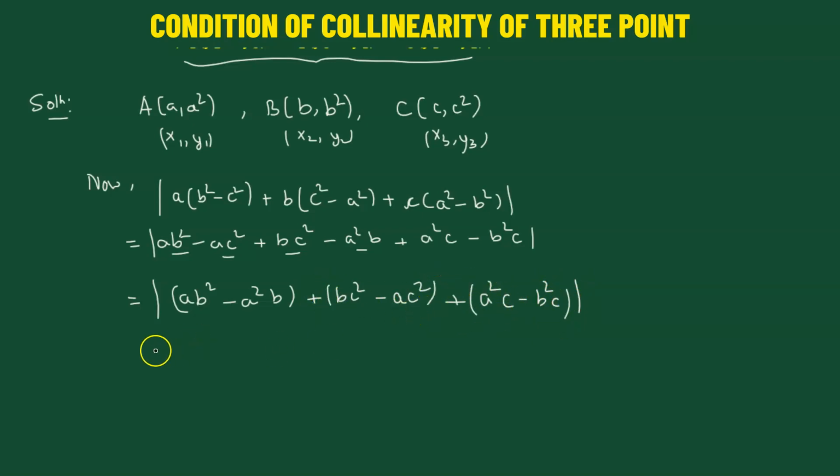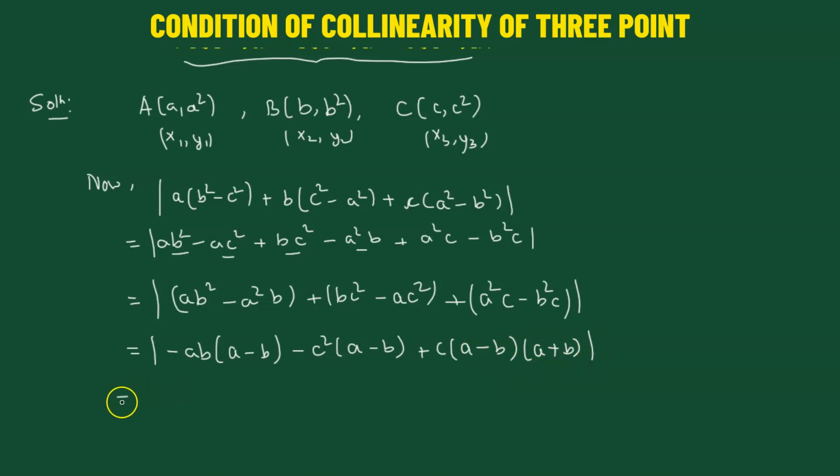Fine. Now, how do we combine it? Combining this means we are going to take a common factor. So if we take negative ab as the common factor, then this is going to be simply a minus b. Then here we're going to take negative c squared as the common factor. So this will get multiplied to a minus b. And then from the third term, we're going to take c as the common factor. And this will get multiplied to a squared minus b squared, but that's the difference of squares, which will be simply a minus b times a plus b.